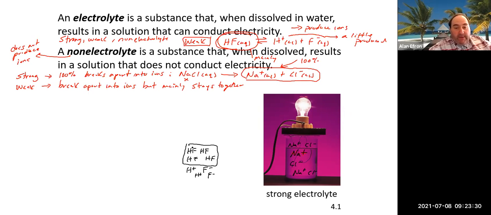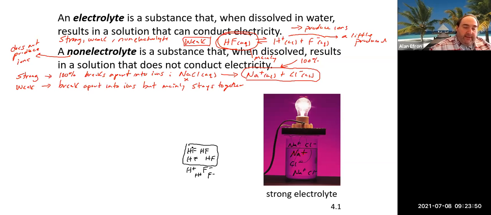Now you may be saying, well, how can you tell the difference between these two? One major thing that will help you determine if something is a weak electrolyte or strong electrolyte is the arrows that we see when we look at the equation.